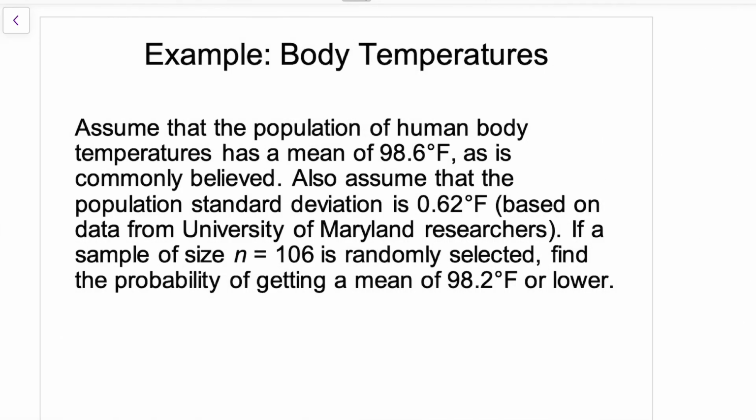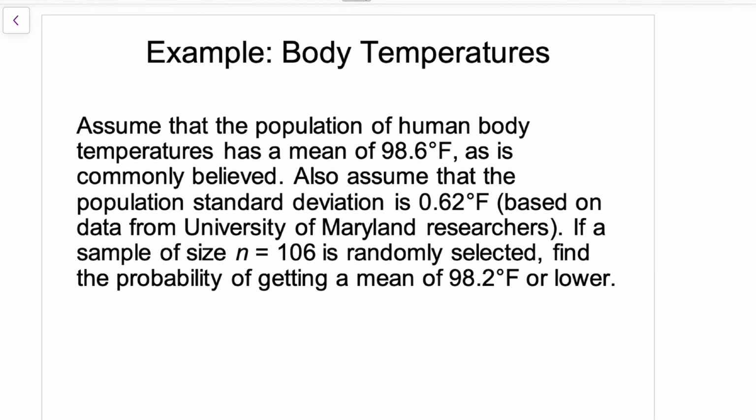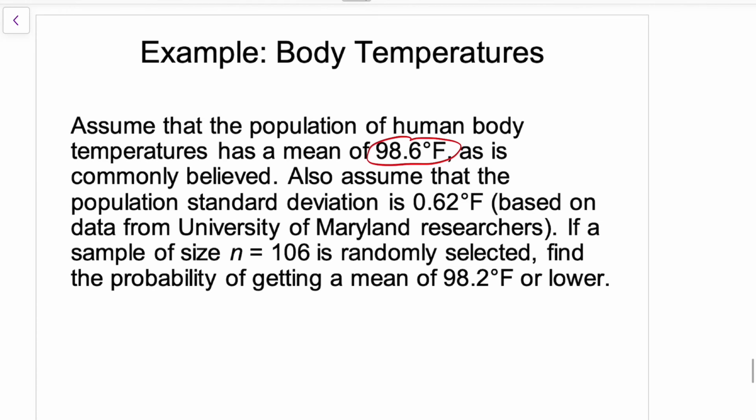Okay, so the one example that we've used over and over again is this idea of body temperature. The assumption, the thing that we've always been told, is that the body has a mean temperature of 98.6 degrees Fahrenheit. And we have through data that the standard deviation is about 0.62 degrees.